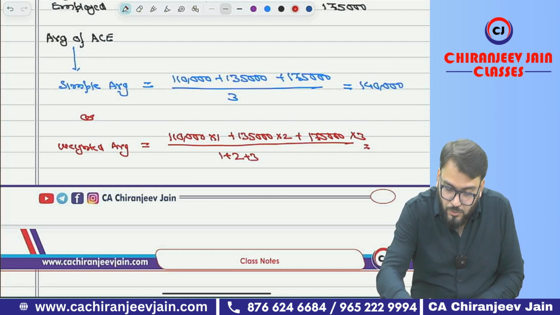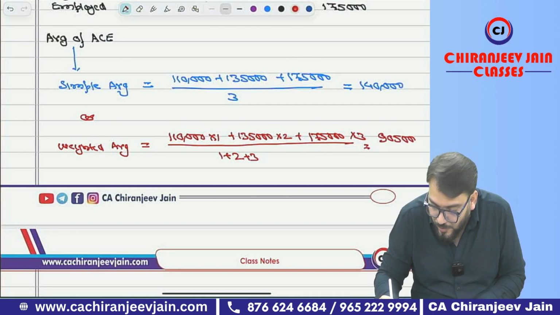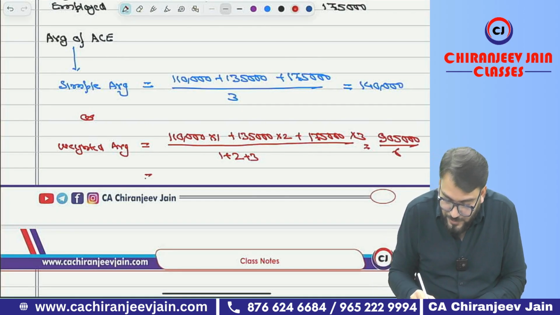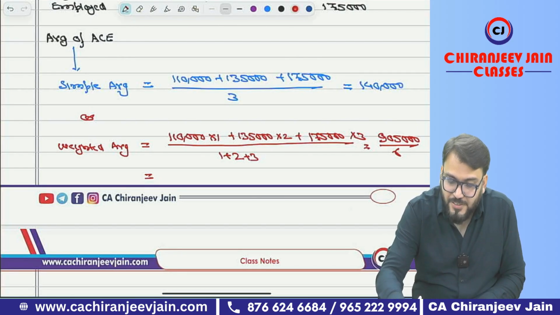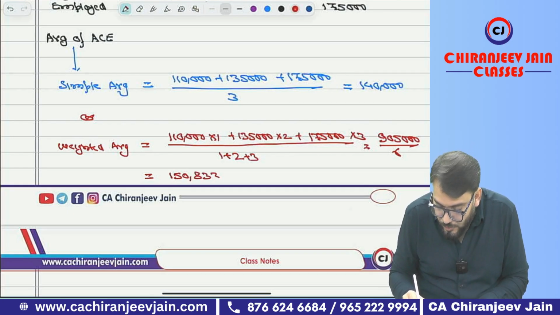Then plus 2,70,000. Then plus 1,10,000. It is coming 9,05,000 divided by 6. So what is the weighted average? Divide by 6, it is coming 1,50,833.